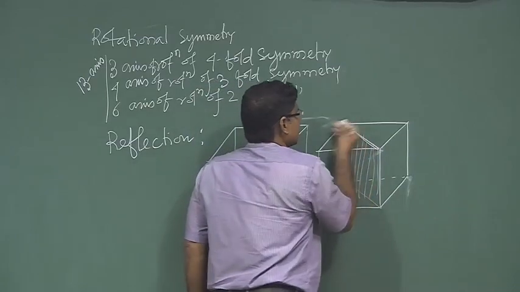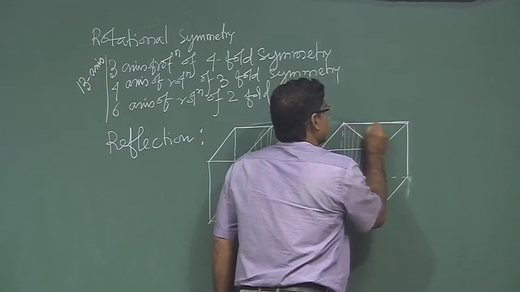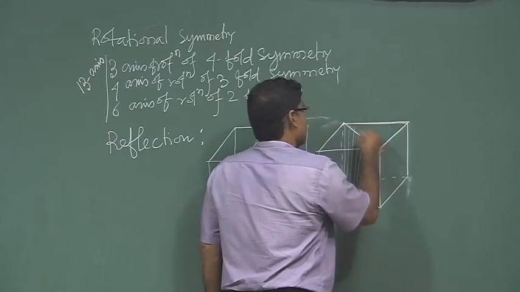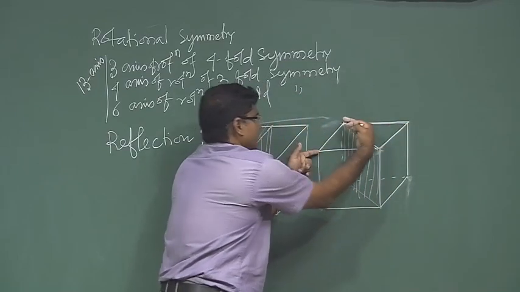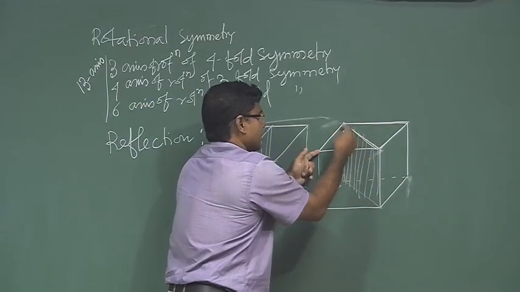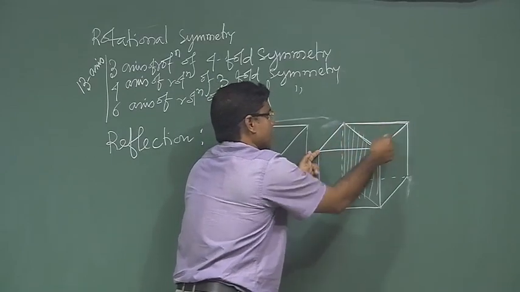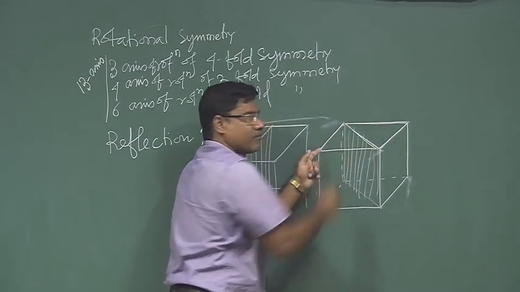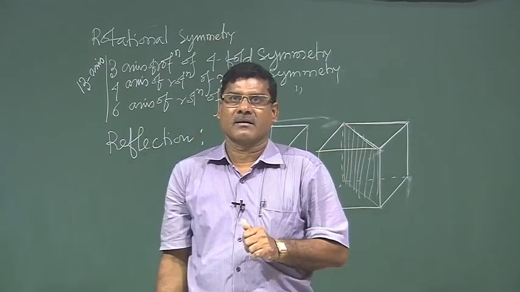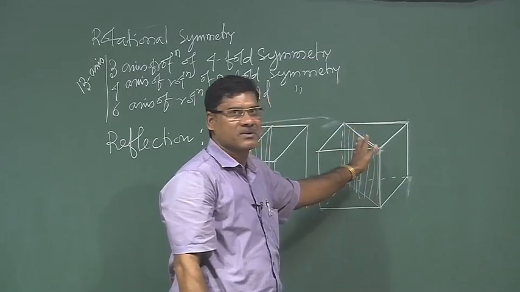If you consider the top face, then this point itself will be here, and this point itself will be here. So, just connect them. That is the reflection symmetry of this cubic crystal with respect to this plane.